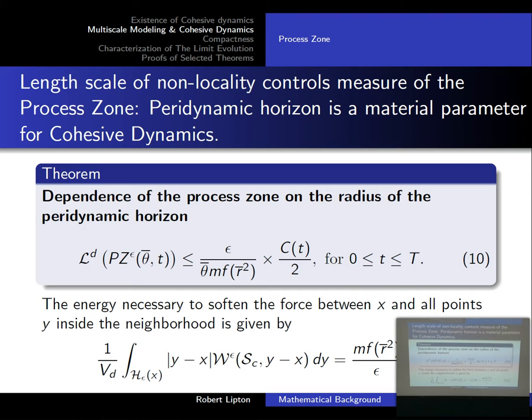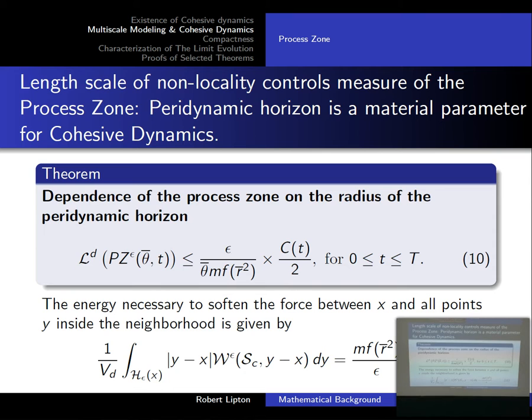So at time t in the evolution, we have a bound on the Lebesgue measure of the process zone in terms of the size of the horizon, divided by the percentage of bonds that are softened, a normalizing constant. And then this, as I showed before, is the value where you find softening.